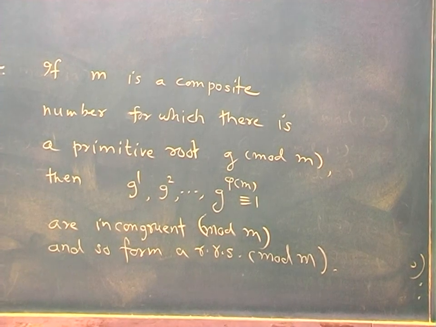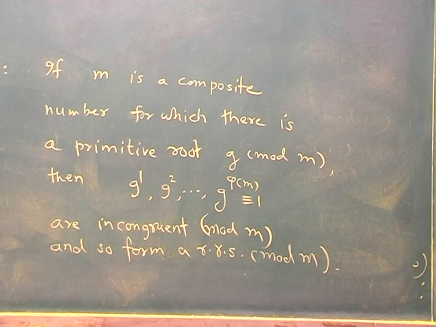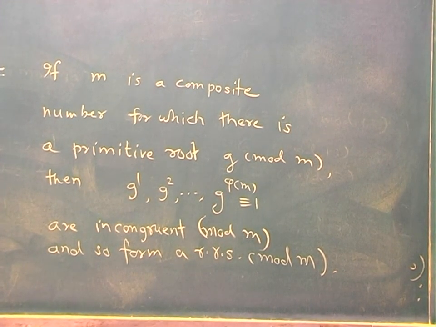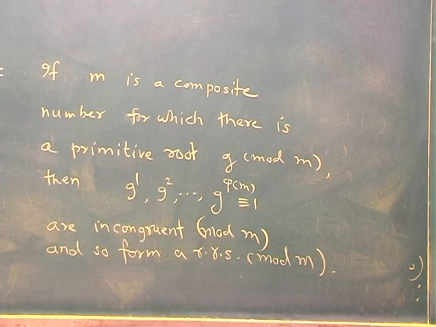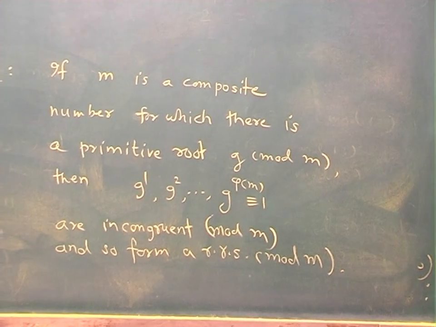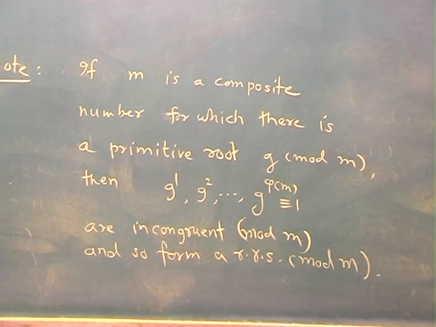Again, any element which is co-prime to m is a power of G. That's the advantage. Once you have primitive root, any element which is co-prime to m is congruent to a power of G. And what is its order? Again, its order is, if the element is G raised to k, the order is phi m by GCD of k and phi m.